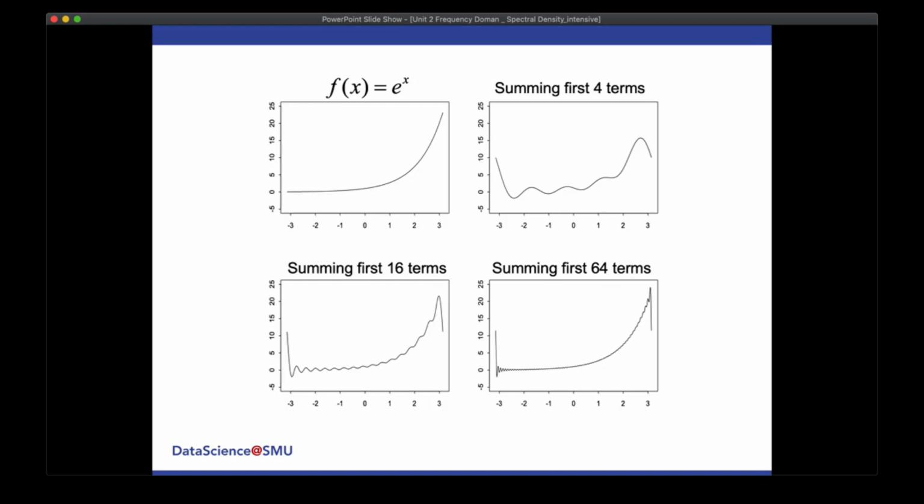Lower left is when little m equals 16, and I would have to say in that case I am starting to think that this is approximating f of x equals e to the x. I certainly see the sine waves just like I did in the example before, but I can certainly see that the amplitudes are shrinking, and by the time you let m equals 64 in the lower right plot, again, if you stepped away from your computer screen a little bit, you would think that that looks like the curve f of x equals e to the x.